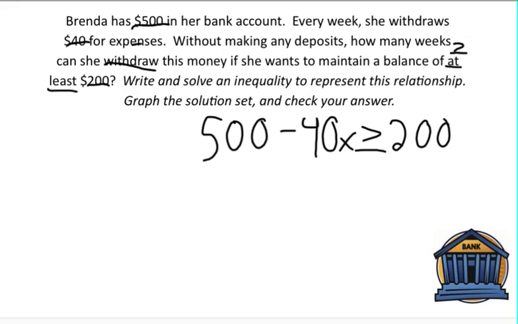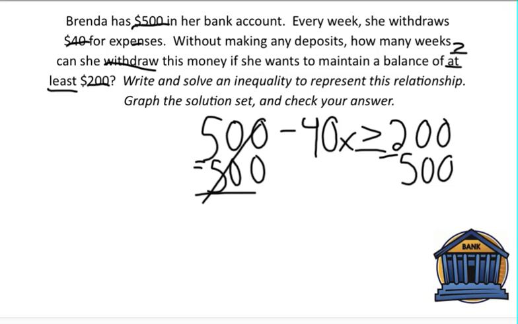First, subtract 500 from itself and 200. You now have negative 40x is greater than or equal to negative 300. When you are multiplying or dividing two negative numbers, the answer is always positive.